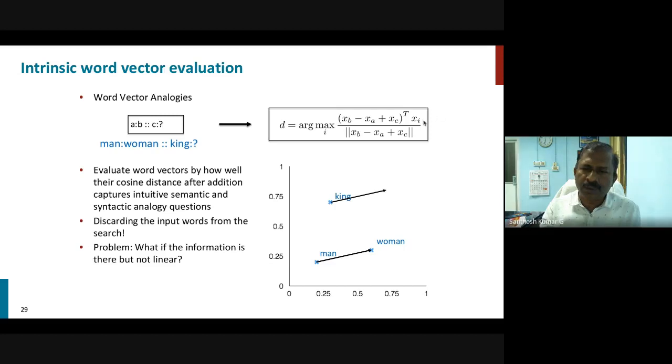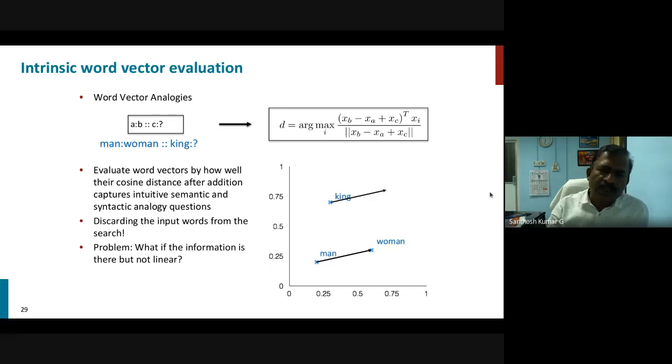For that, we have to take all the xi's. Xi's represent all the vectors that are there in the vector space except these three. We calculate the maximum value out of that, and we represent that as D.